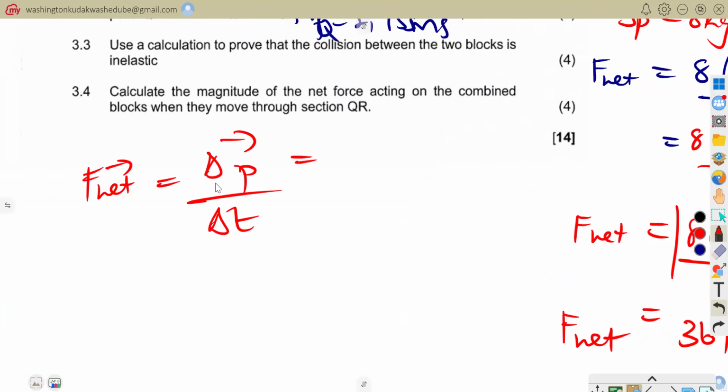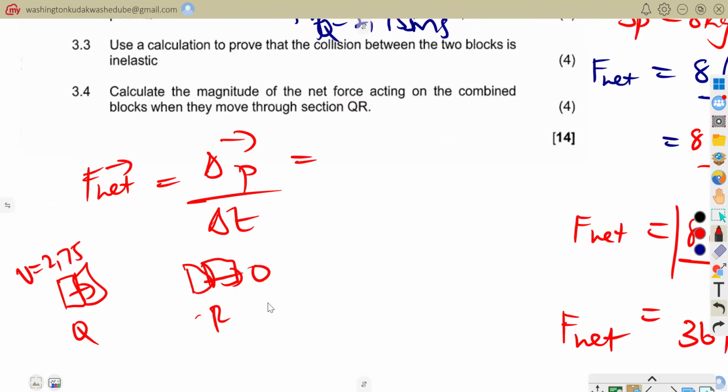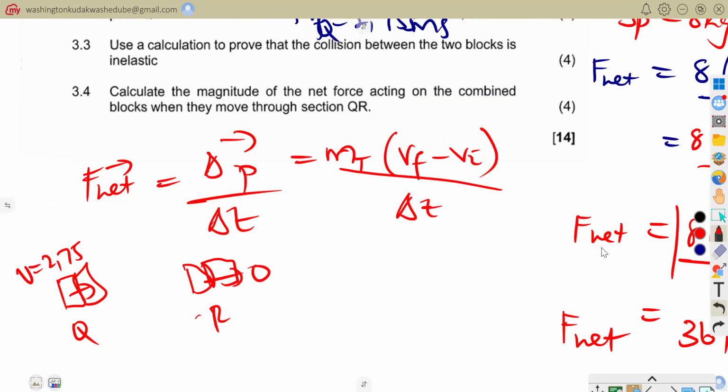Since the two blocks are combined, they act as one object at Q and at R. At Q, they are moving at a velocity of 2.75, and at R, they are stationary, so their velocity is 0. So I would say their total mass, V final minus V initial, all over their time taken. That is what I've done.